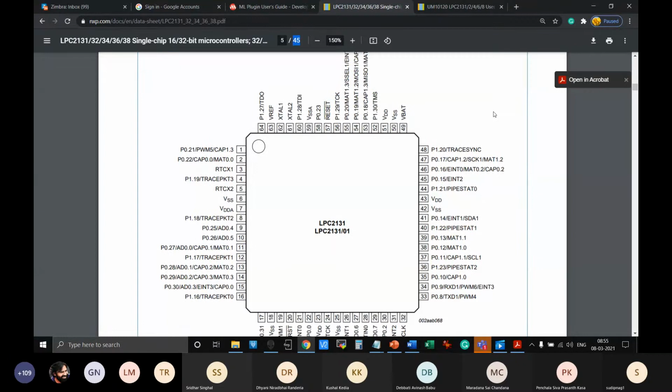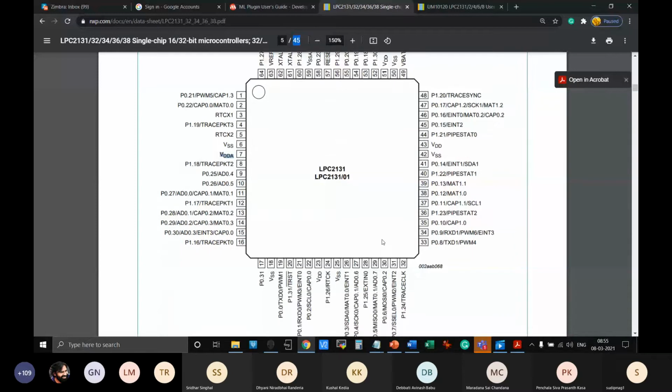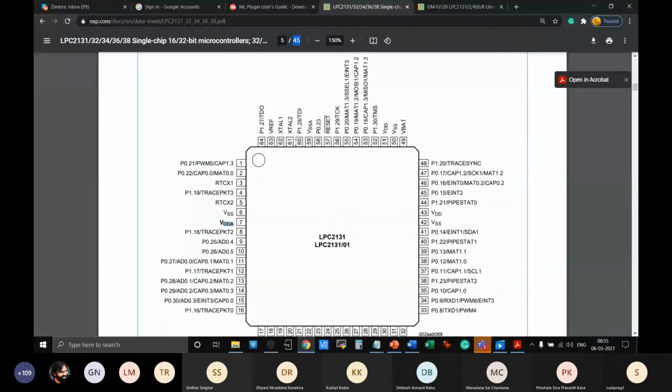But if you look at VDDA, you must also find VSSA somewhere, and those will serve as the supply lines for the analog circuit. Now look at pin 63, which is VREF. This indicates the analog input for the reference for the A to D converter. And this is VSSA, which is 59.